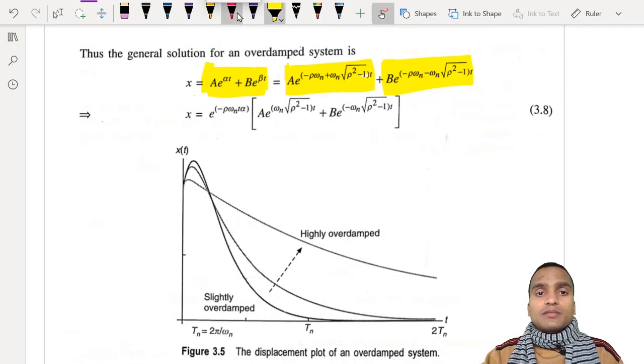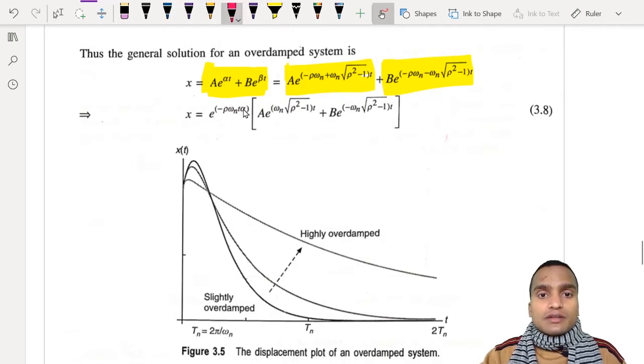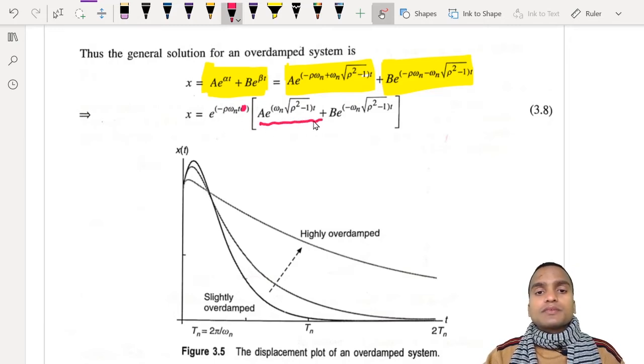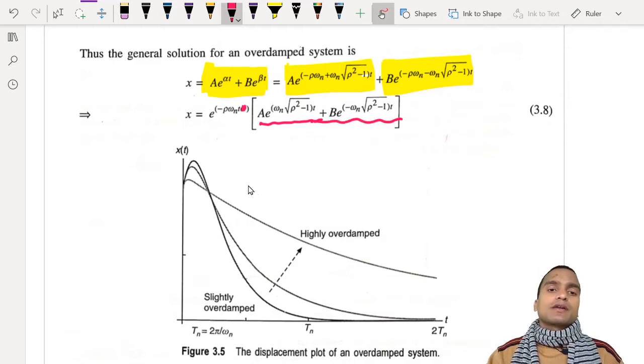If we take this as common, then what remains in the bracket is a into e to the power omega n root under rho square minus 1 times t plus b into e to the power minus omega n root under rho square minus 1 times t. Okay, so this is what remains here in the bracket.